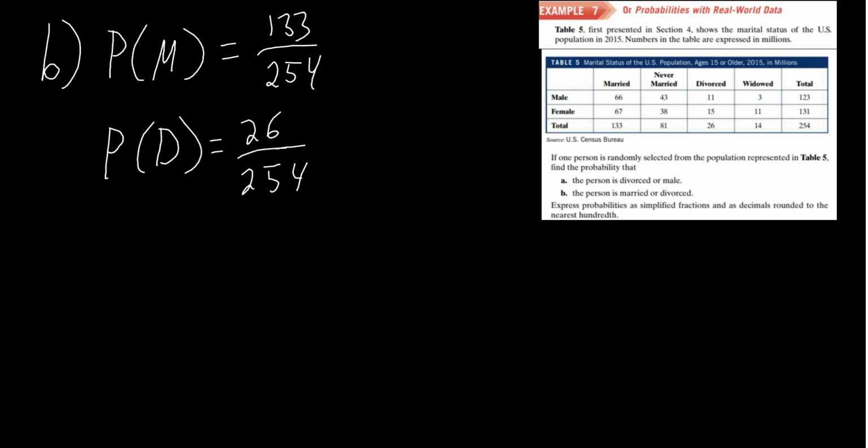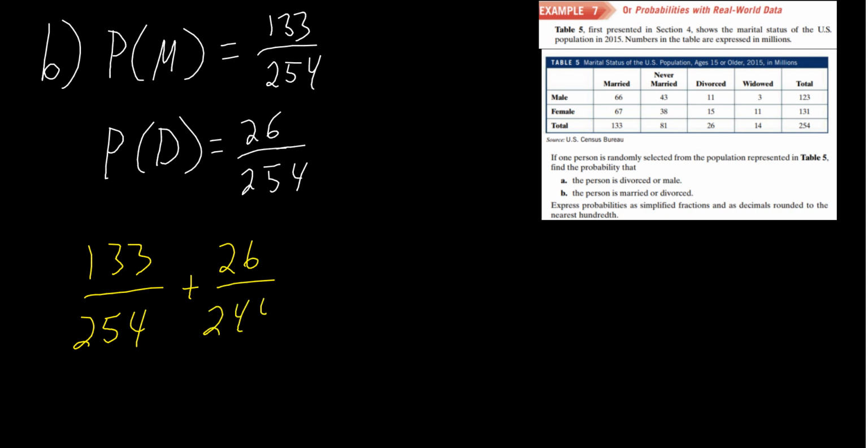So it just becomes 133 over 254 plus 26 over 254. A lot of times I say something and my hand writes something different, and I don't know why that is. Anyways, we got 159 over 254. I don't think that reduces.